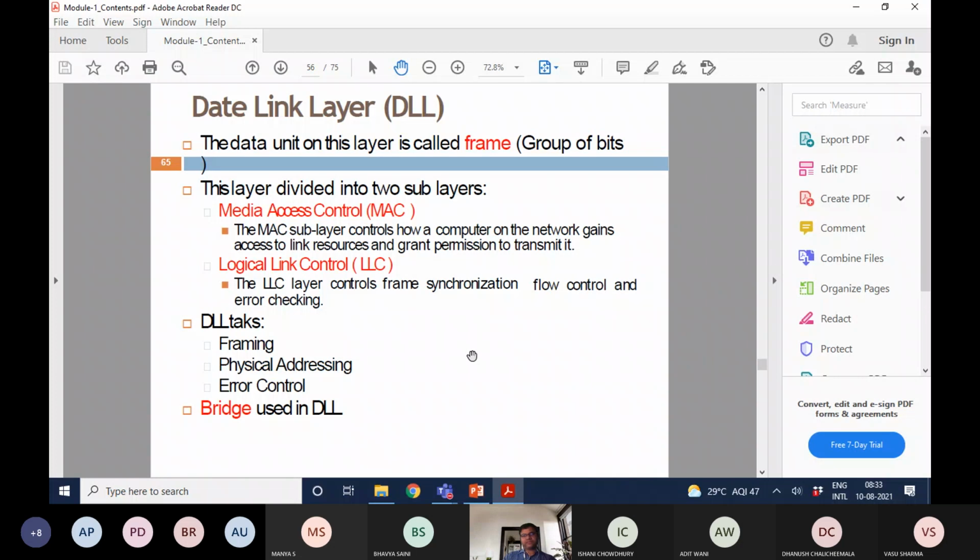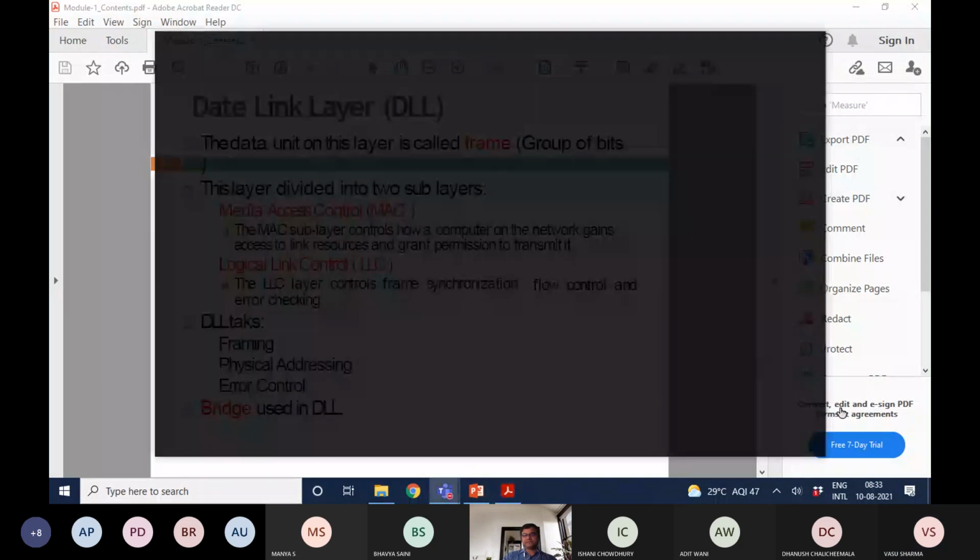In which form is data present in the physical layer? Bits. Okay. Does anybody else want to answer? What are the responsibilities of the physical layer?